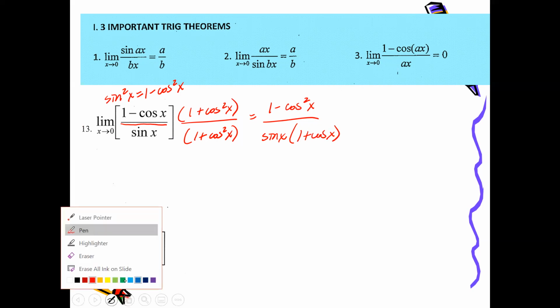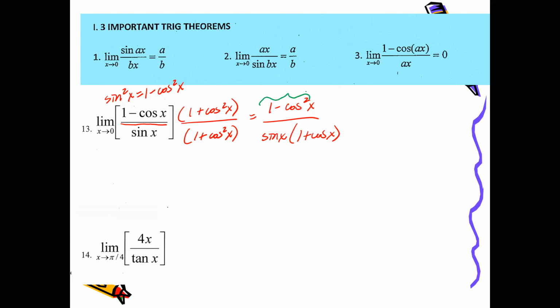So then the numerator, I can go ahead and replace this part with a sine squared x. And as I look at this, I have 2 sine x's in the numerator, which is awesome because then I can cancel one of them with the denominator.